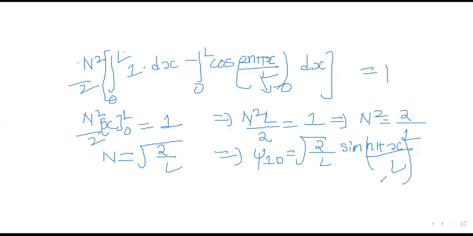So we got the wave function, and we got the allowed energy values of the particle, by using the Schrodinger time independent equation. So we will get the energy of the given particle and also the wave function of the particle.